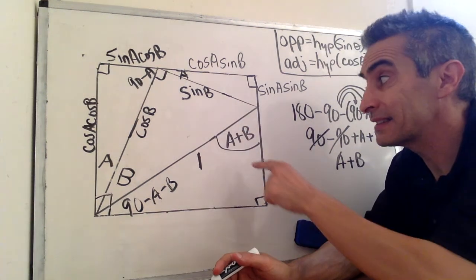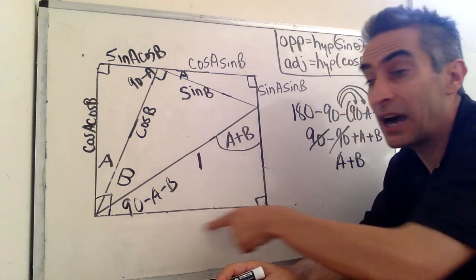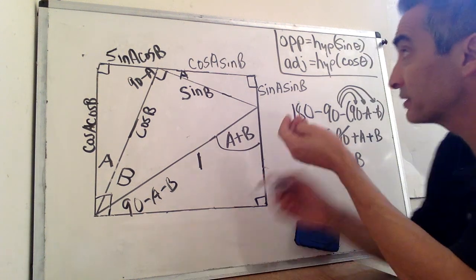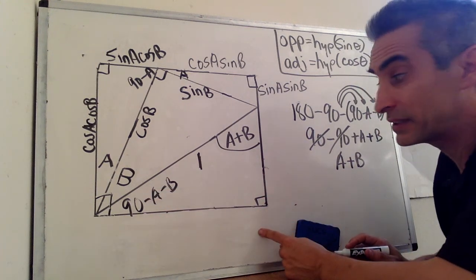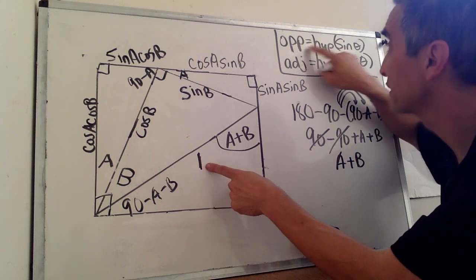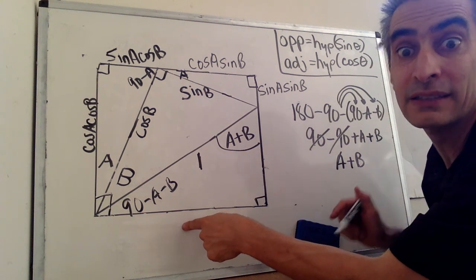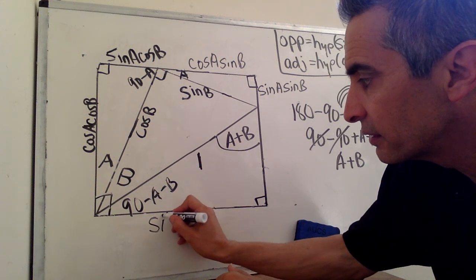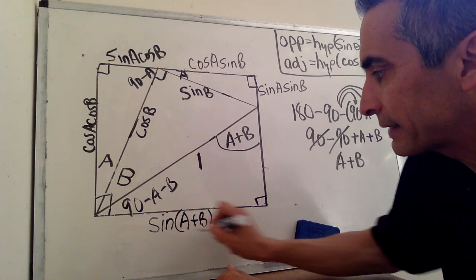So now that we've defined this angle here as A plus B, we can define each one of these sides, the side opposite A plus B and the side adjacent to A plus B, using our two formulas that we did at the start of the video. This side here is opposite A plus B, so opposite equals the hypotenuse, which is 1, times the sine of the angle, which is A plus B. So this side is sine of A plus B, and we write that down right here.